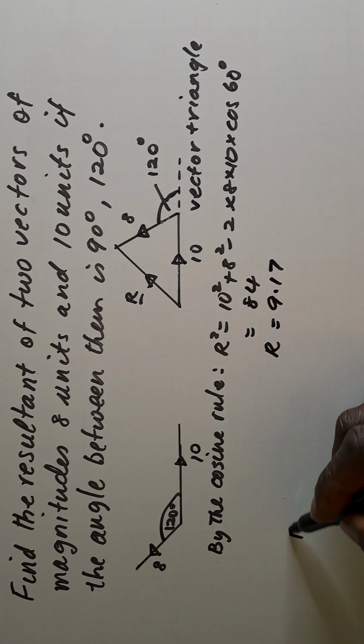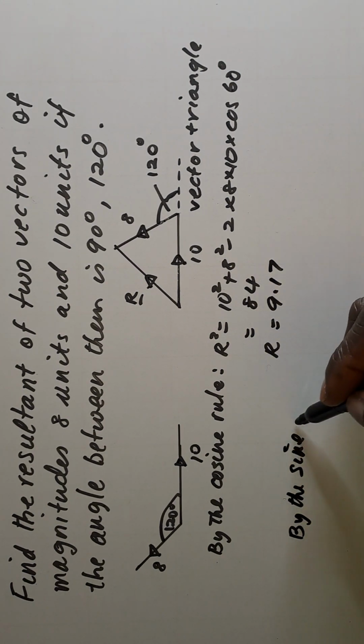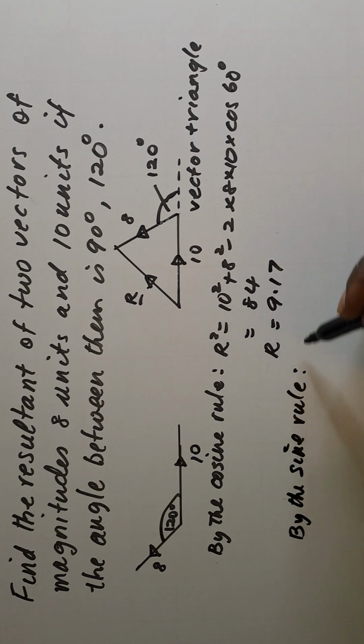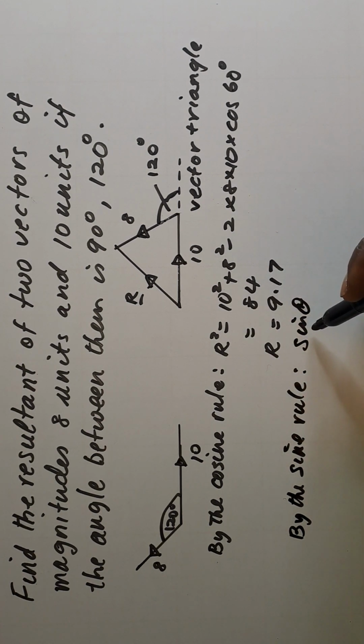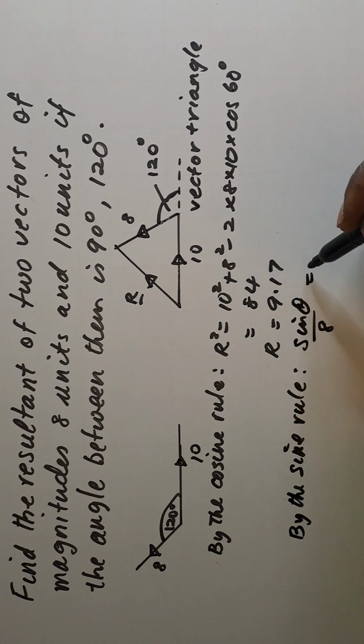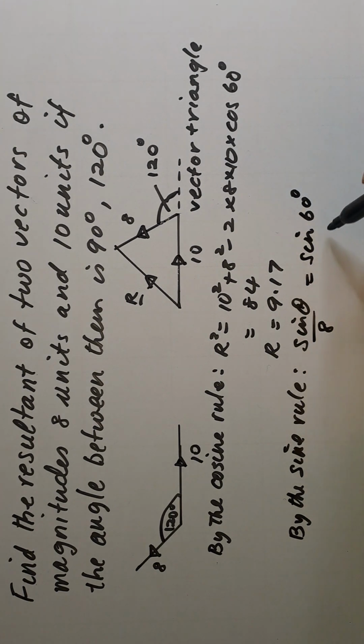By the sine rule, we have that sine theta over 8 is equal to sine 60 degrees over r.